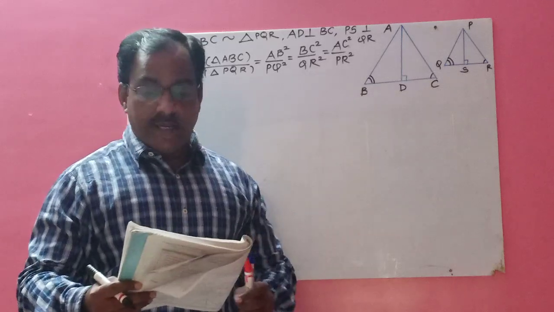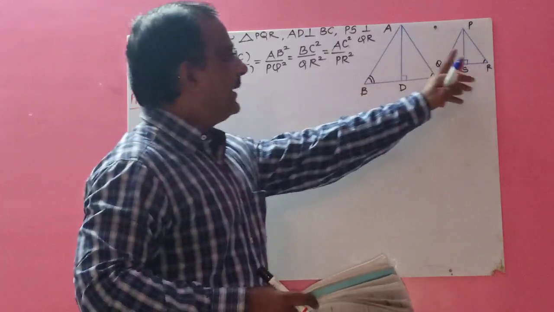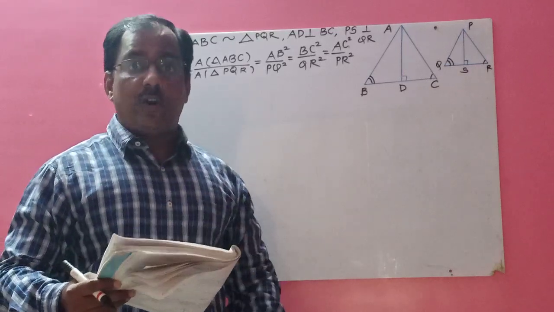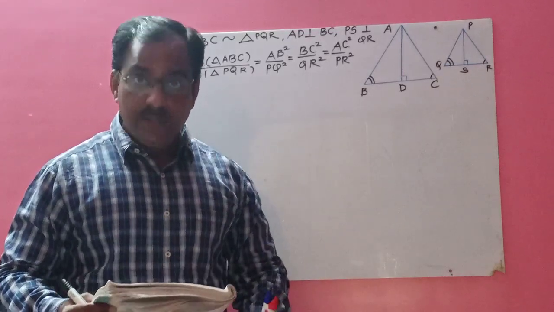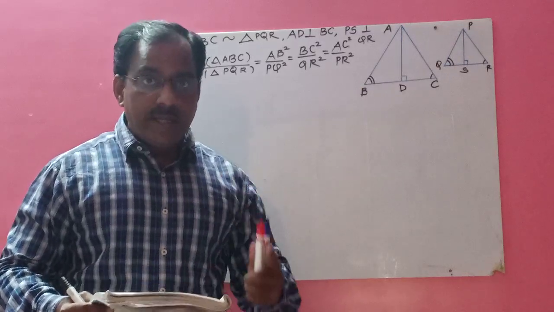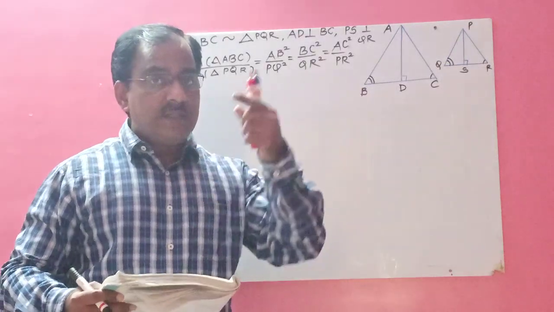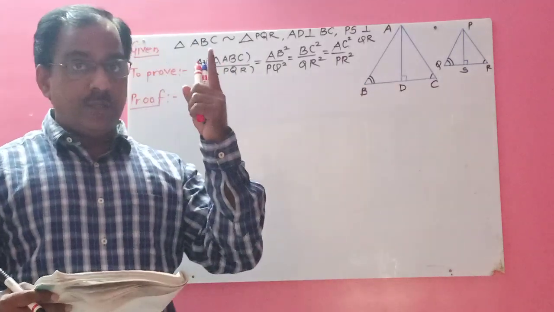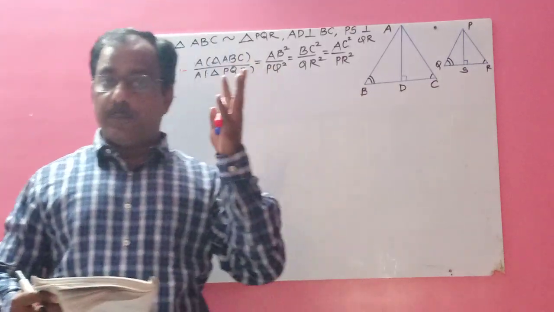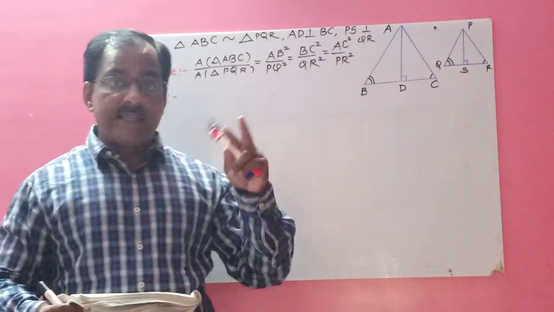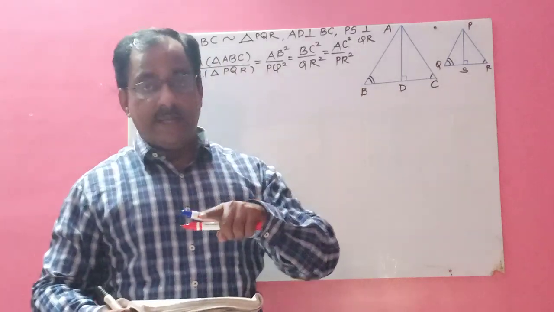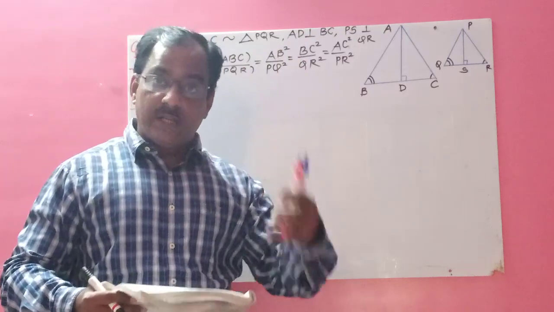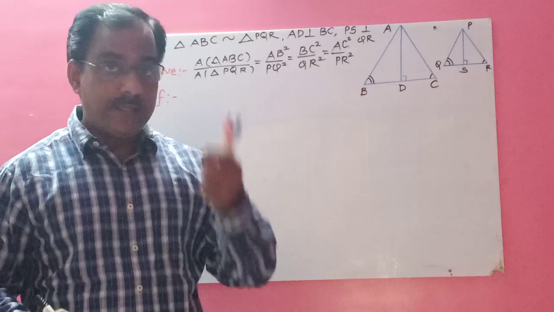So when two triangles are similar, the ratio of areas of those triangles, children, the ratio of areas you have done in exercise 1, properties of triangles. I said there are 4 properties. When two triangles have different bases and different heights, then the ratio of areas is equal to the ratio of the product of bases and corresponding heights, number 1.